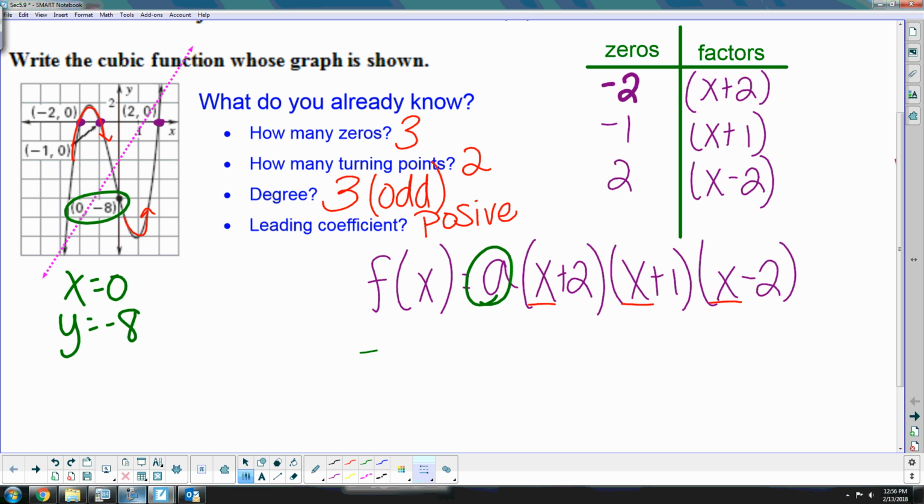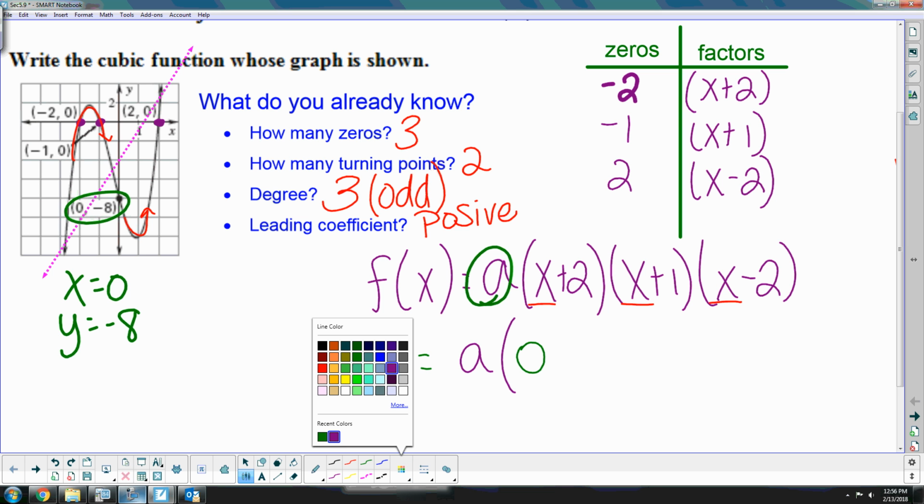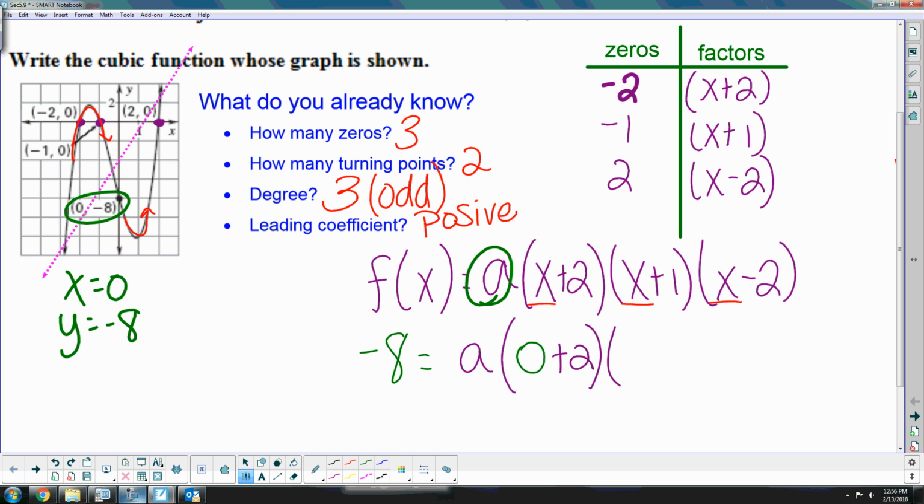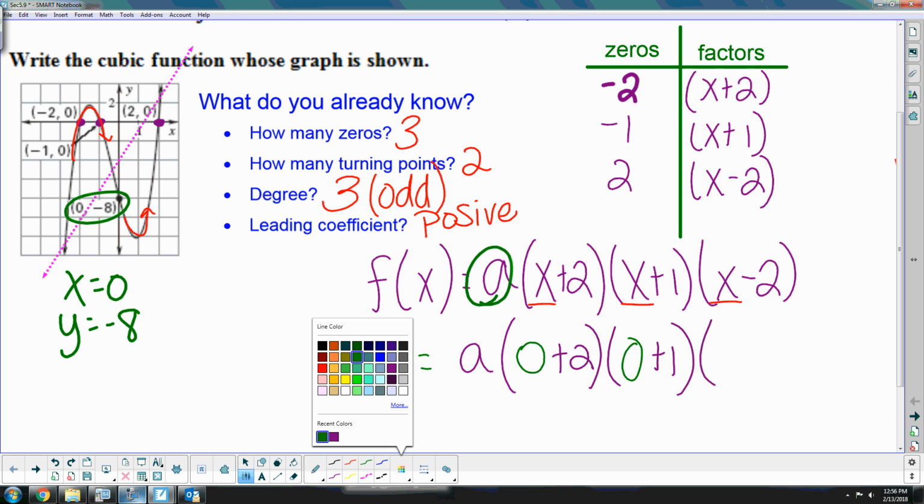So we know when y is -8, that equals some constant, a, times 0 plus 2 times 0 plus 1 times 0 minus 2.